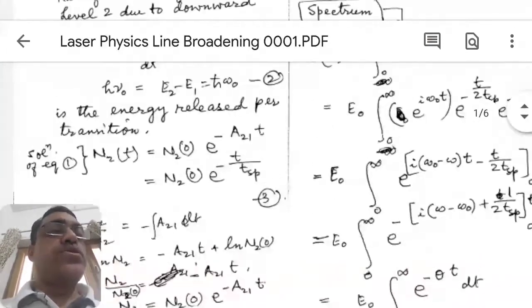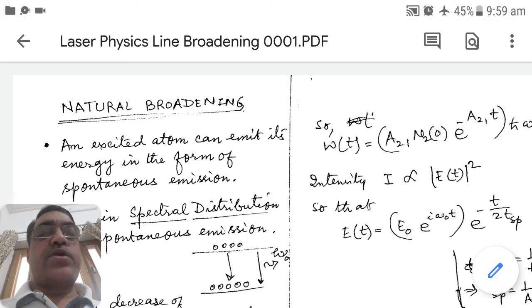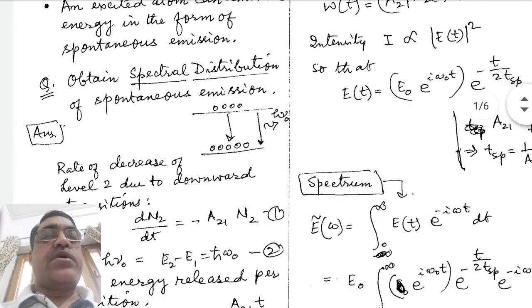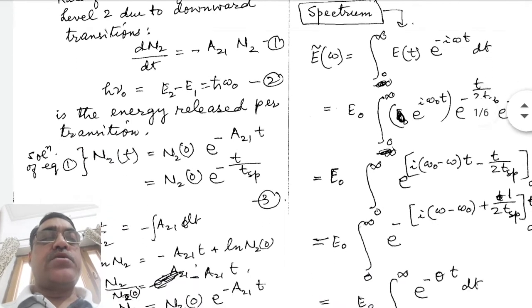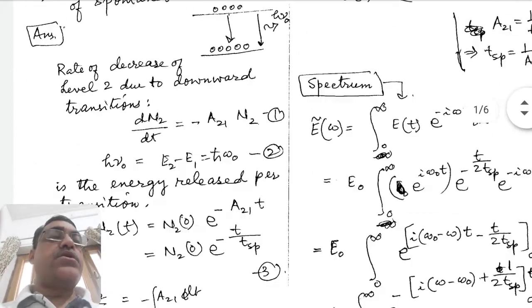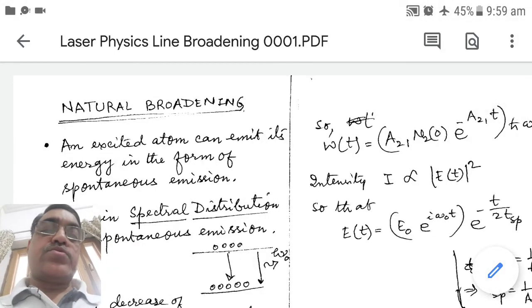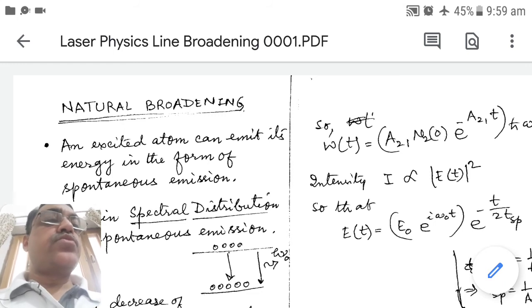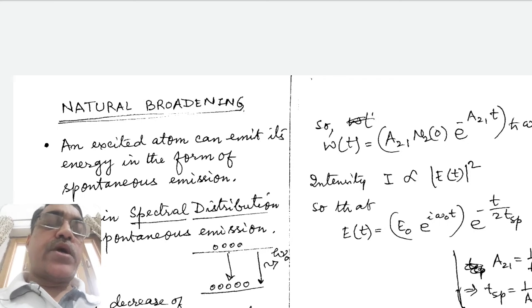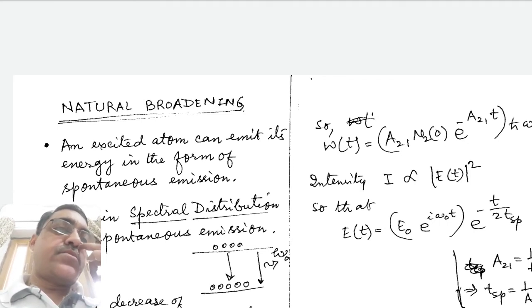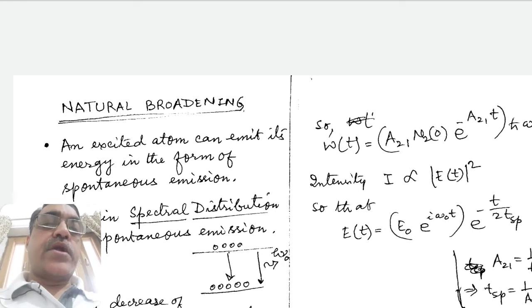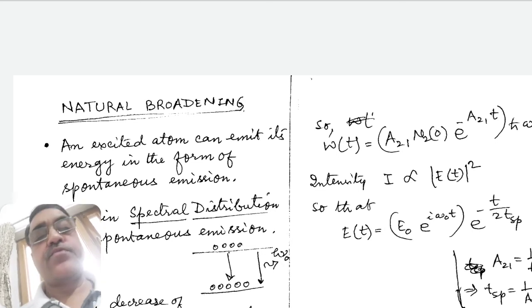This is due to the relative motion between the photon and the atom, and the natural broadening is due to the spontaneous emissions also. So please go through these; the books are Svelto, Ghatak and Thyagarajan, Demtroder, Yariv, etc.